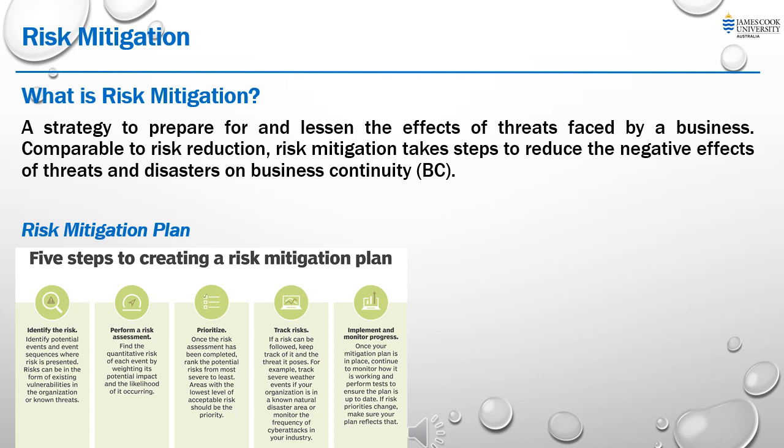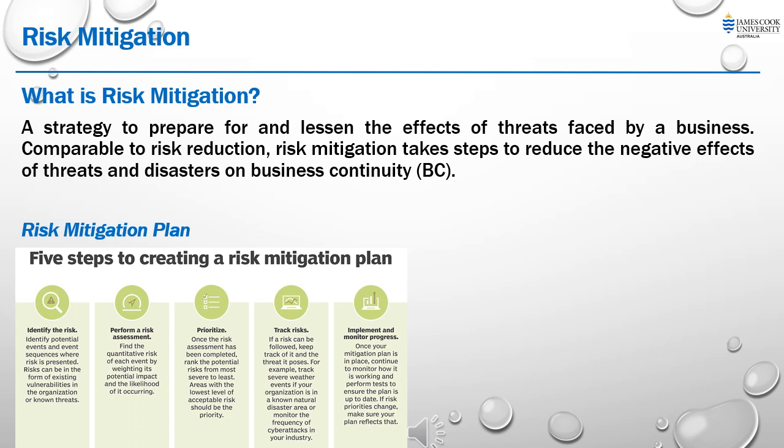Third, develop a mitigation strategy based on the assessment. The next step is to develop a strategy to mitigate or eliminate the identified risk. These strategies may include process changes, equipment upgrades, contingency plans, and other measures. Fourth, assign responsibility as well.